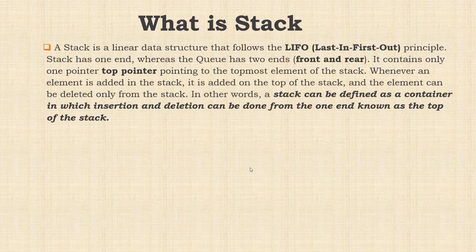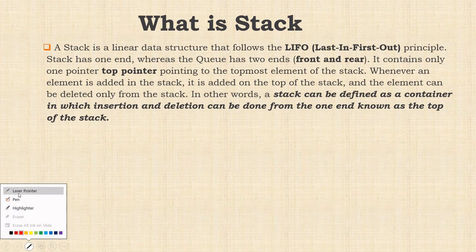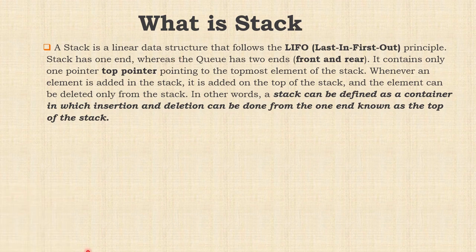So firstly we are going to see what is a stack. So a stack is a linear data structure. So we use a stack to store objects. Okay, so a stack is a linear data structure that follows the LIFO, that means the last in first out concept.